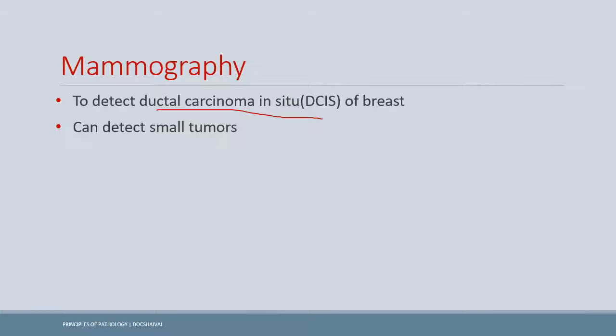And we can also think that if it has a small size, then it might not have spread. So two things which we find in mammography are to detect the ductal carcinoma in situ, and to detect small tumors which are not detected clinically.